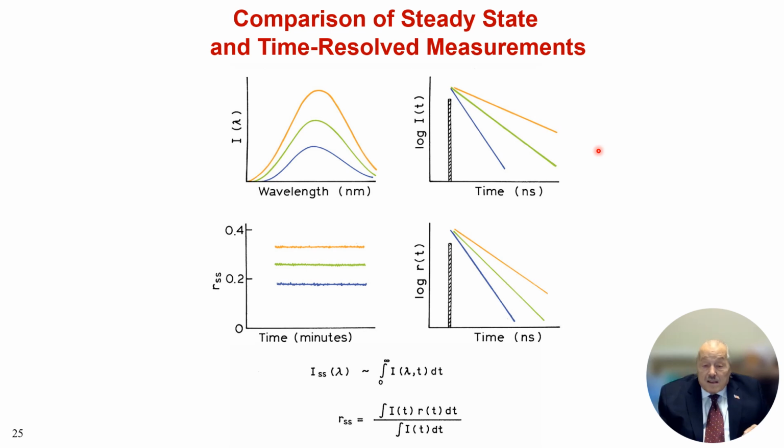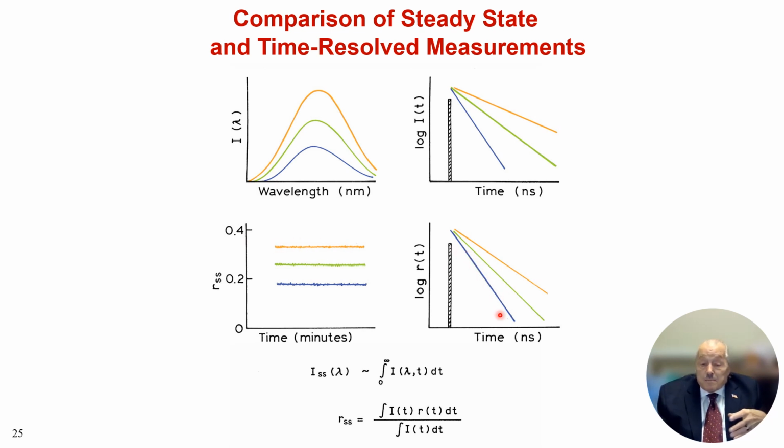A similar thing happens with the anisotropies. The steady state anisotropies are not directly related to the one up here. They might be lower or higher, but that's usually reflected in the anisotropy decay. If an anisotropy decay is slower, the steady state anisotropy will be higher.